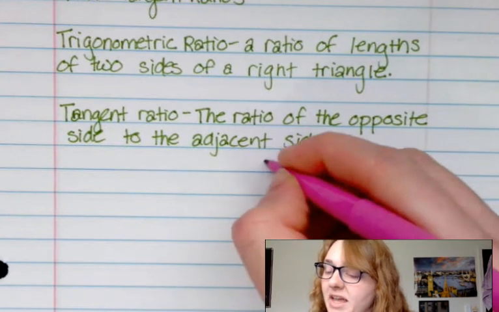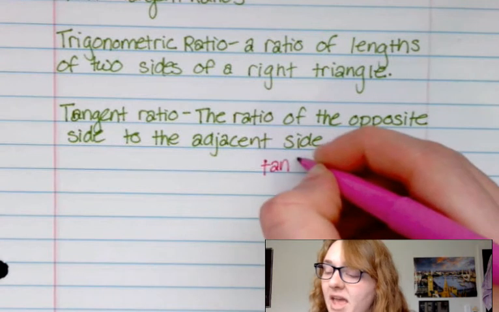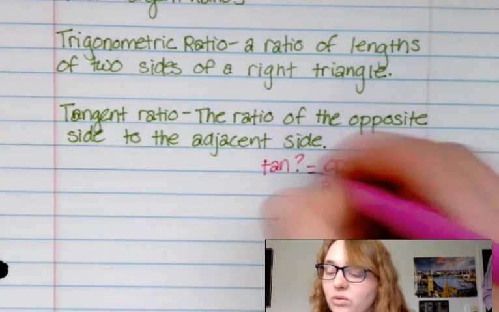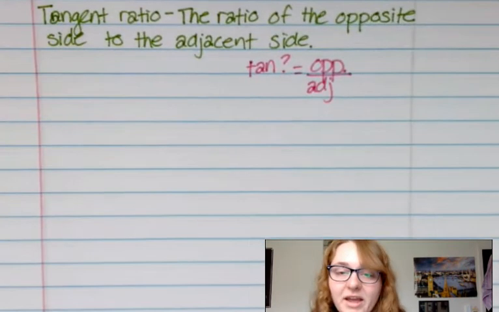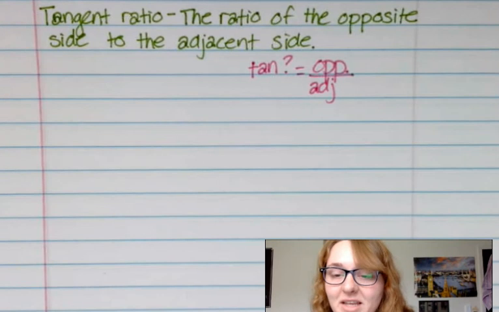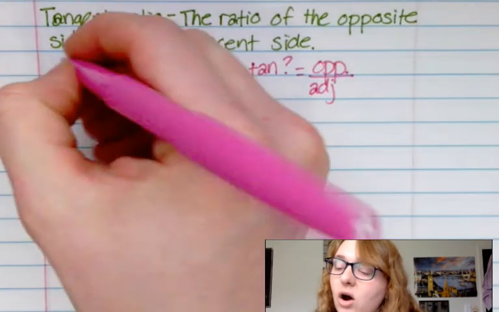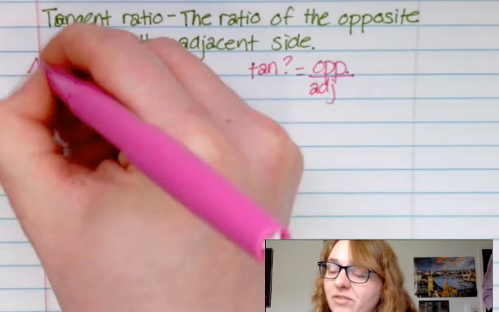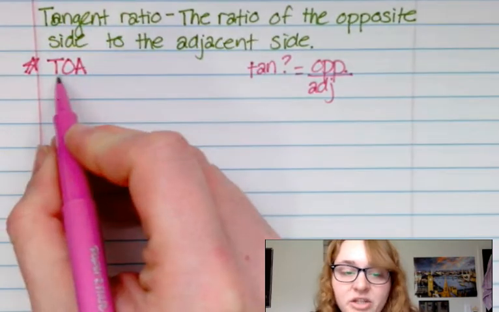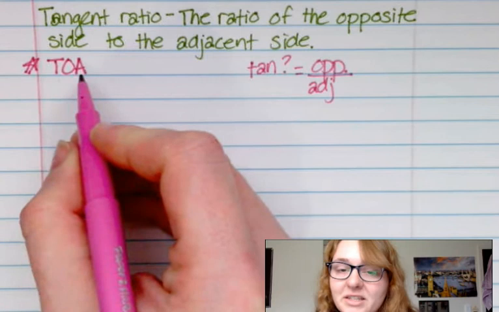So we're going to have the tangent of some angle, which we don't know, is equal to the opposite over adjacent. An easy little saying that we can memorize this and the other trig ratios is TOA. This is the one for tangent. It stands for tangent is opposite over adjacent.